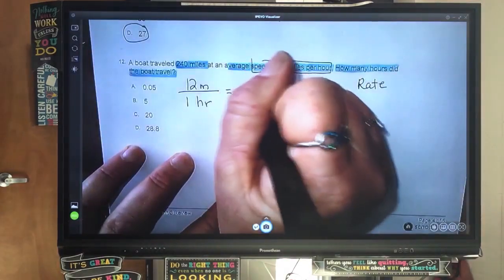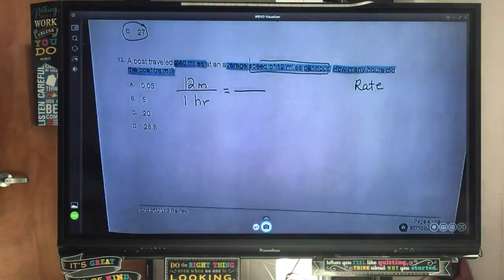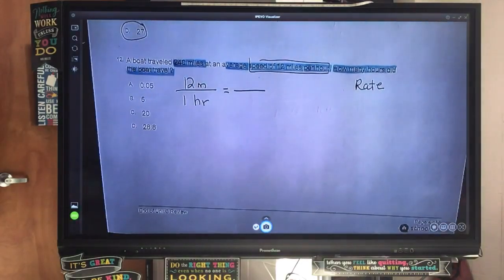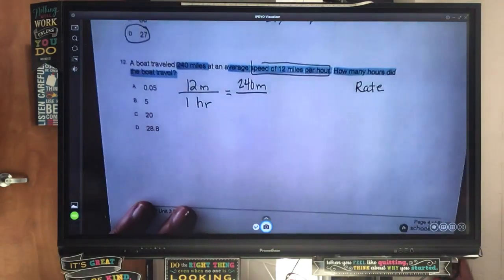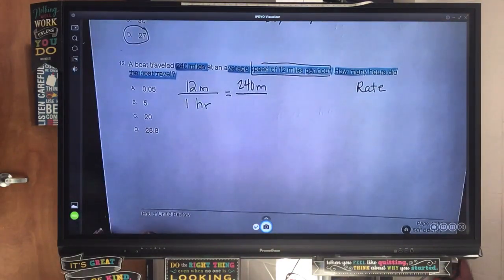You're using unit rate, but you're finding the rate. Alright, so what goes on the top? Ronnie? 240. Why does 240 go on the top? Because that's how many miles it traveled.